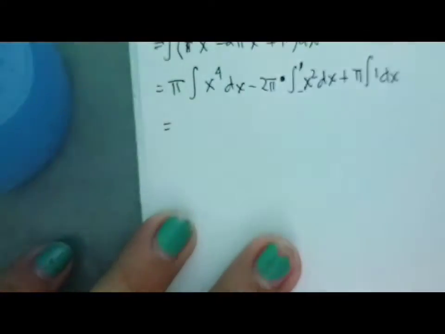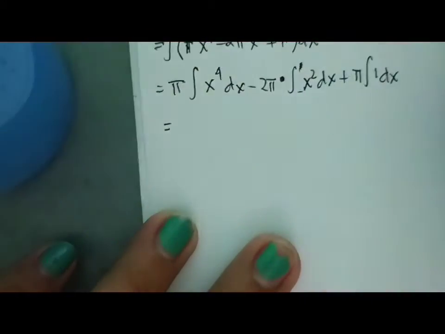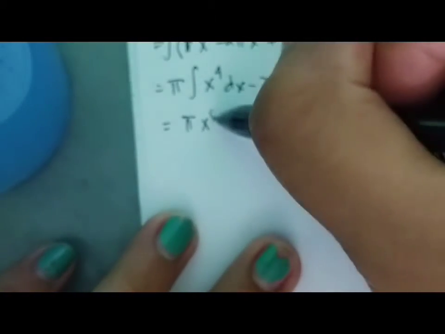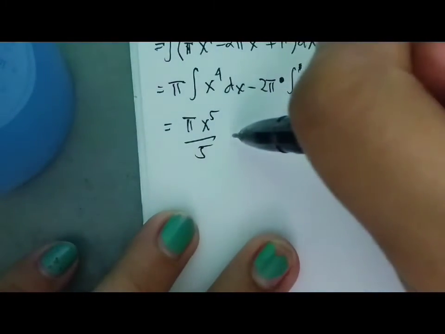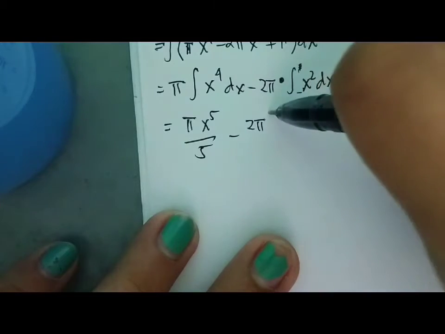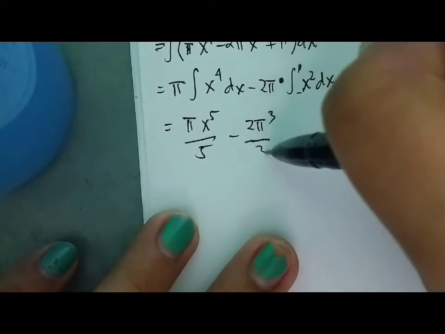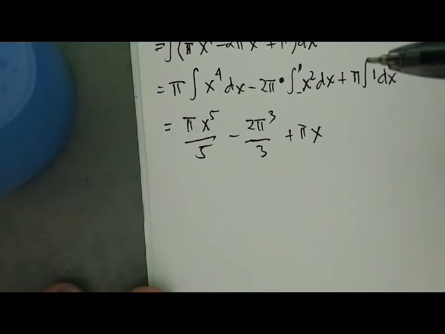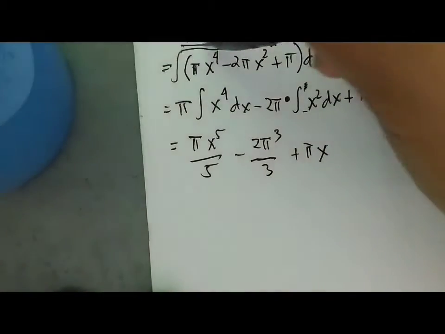Pi integral of x to the fourth dx minus 2 pi times integral x squared dx plus pi integral 1 dx is equal to pi x to the fifth over 5 minus 2 pi x cubed over 3 plus pi x. The problem has been solved.